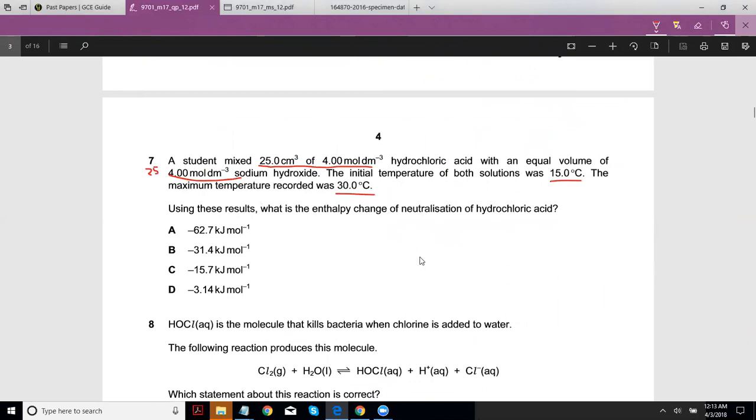Using these results, what is the enthalpy change of neutralization of hydrochloric acid?